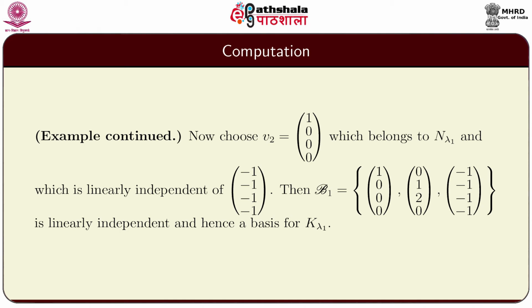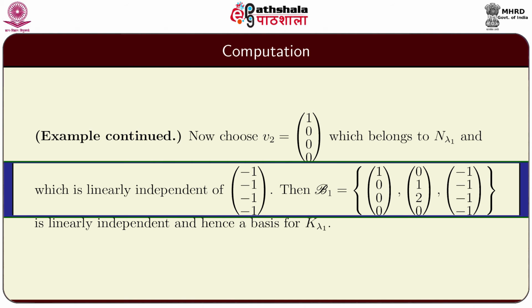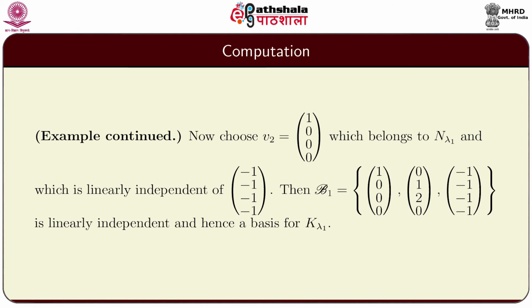This belongs to the eigenspace of lambda 1 and this is linearly independent of the vector minus 1, minus 1, minus 1, minus 1, and therefore we have this set consisting of the vectors 1, 0, 0, 0; 0, 1, 2, 0; and minus 1, minus 1, minus 1, minus 1, which is linearly independent and hence a basis of K lambda 1, because we know that the dimension of K lambda 1 is 3.